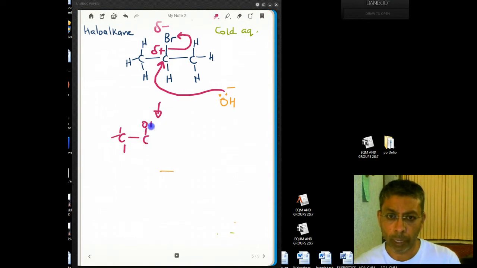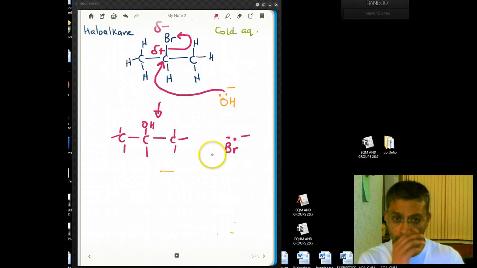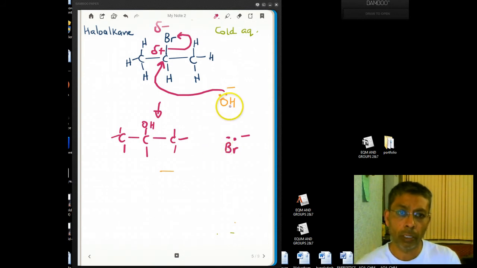That's now OH. There we are. I'm not putting the hydrogens in, but you should do that in your exam. Put all the hydrogens in. And there's the bromine that came off. So what's happened here is simply that the hydroxide has substituted for the bromide. So we get a straightforward substitution reaction.